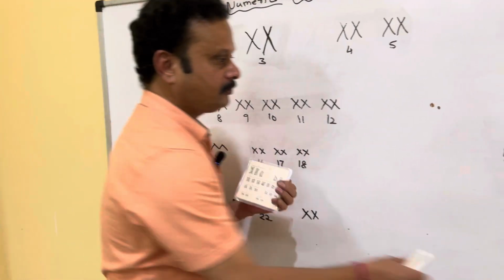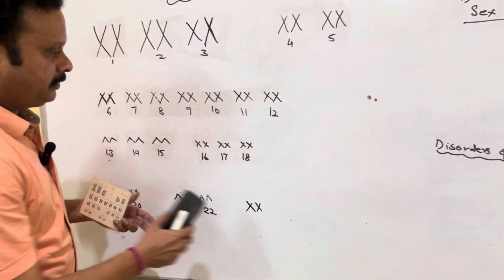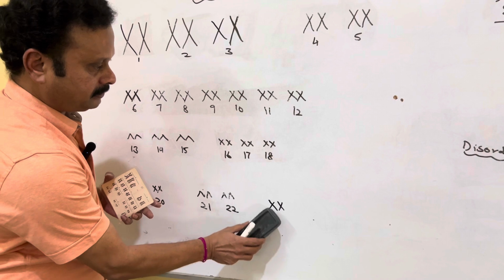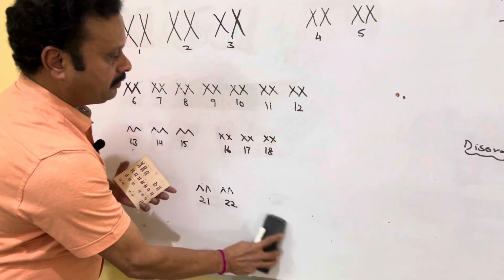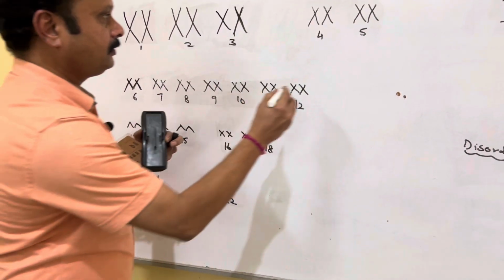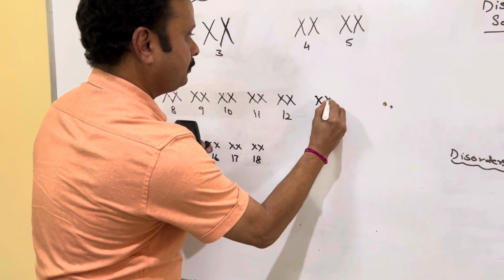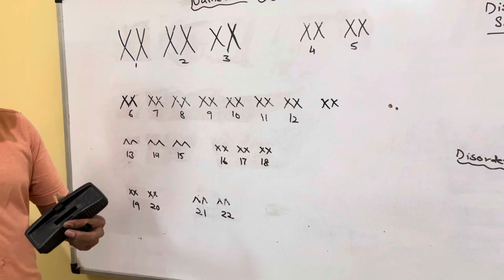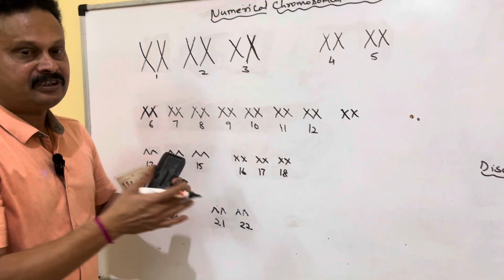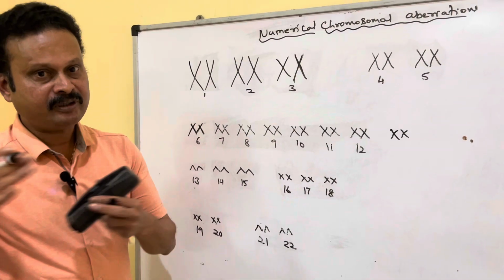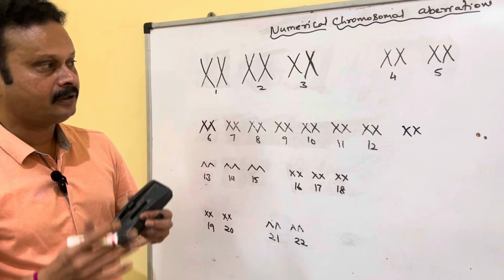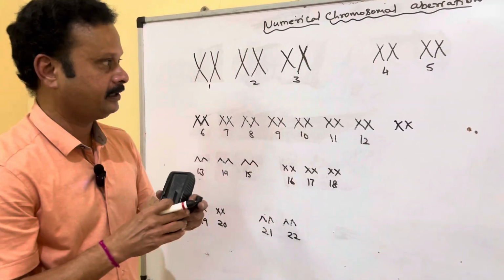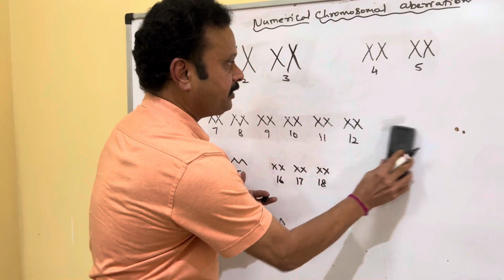In some medical schools, instead of denoting the normal sex chromosomes here, it may be shown here. This also is normal female karyotyping. In our school, the karyotype which we made, we denote the sex chromosomes at the end.